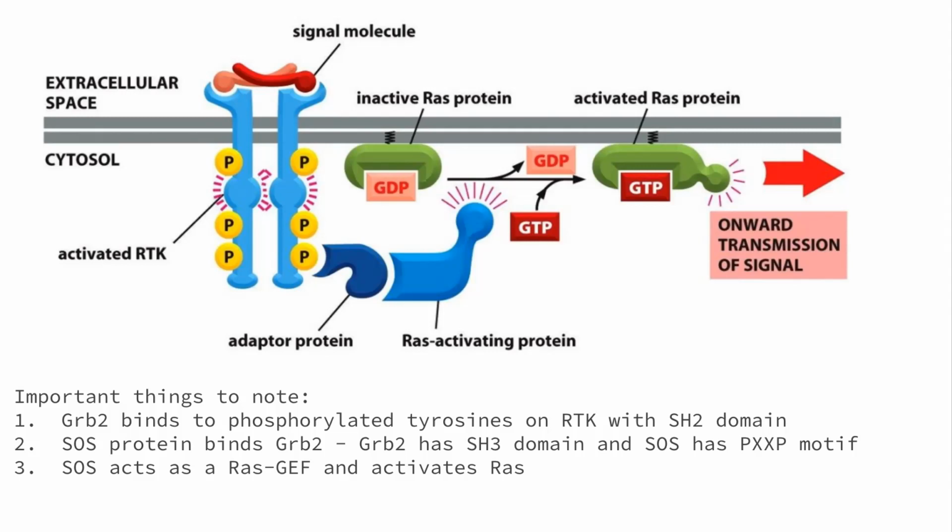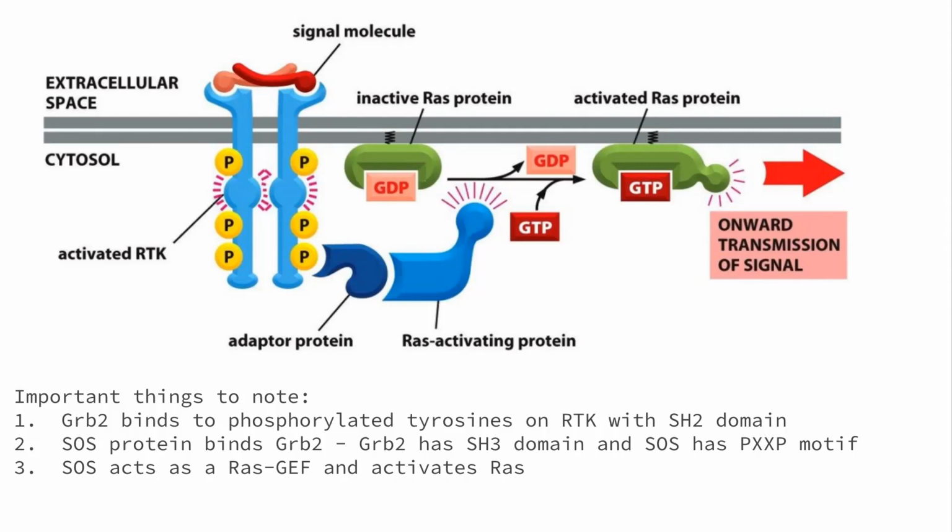And then the GRB2 also has an SH3 domain, which allows for the SOS protein, called RAS activating protein in the image, to bind with its PXXP motif.